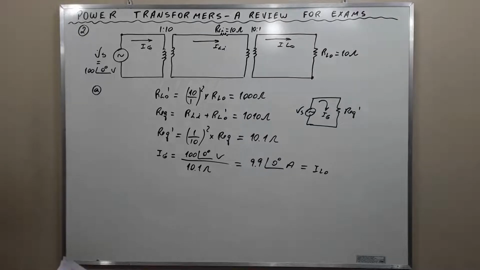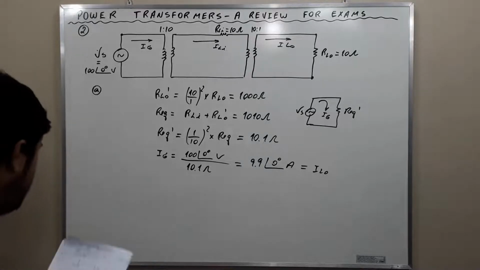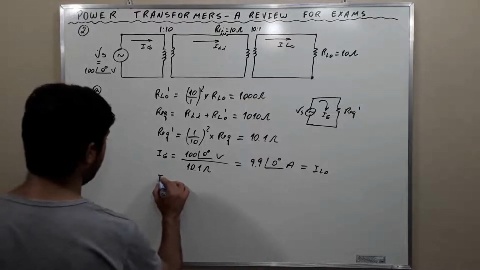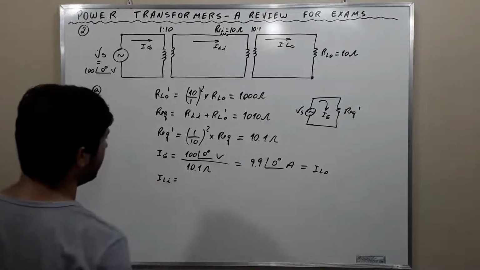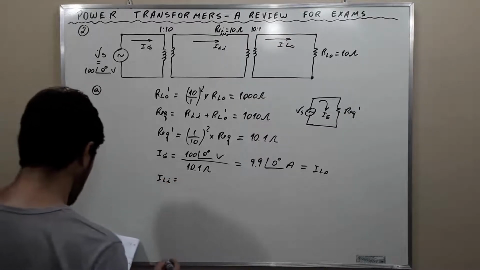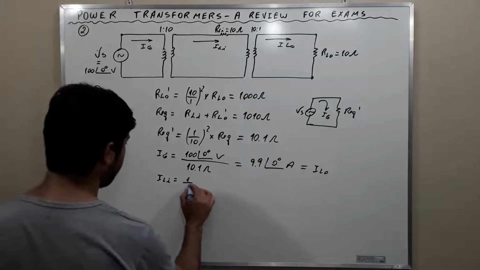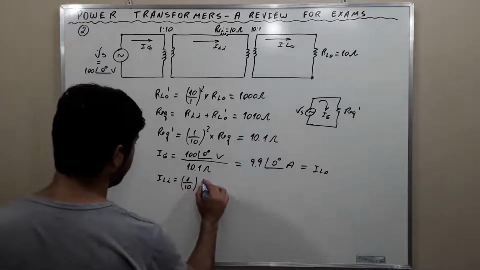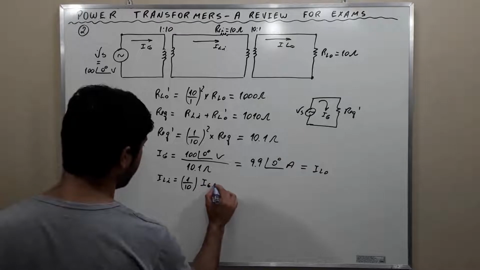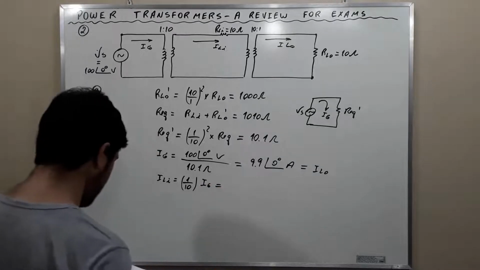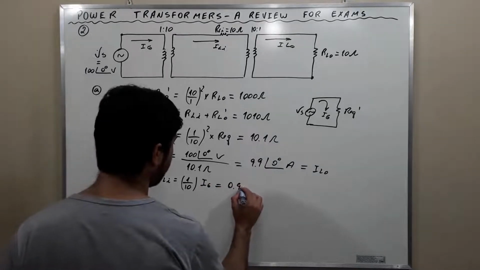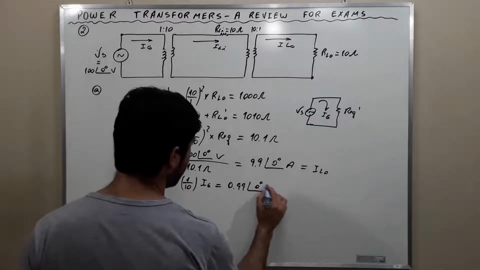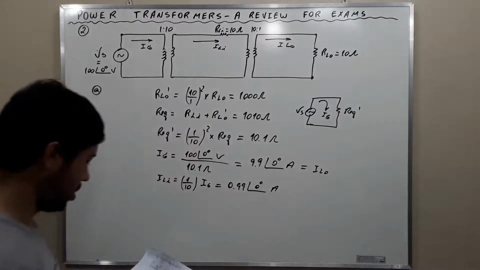To calculate I low, you need to use the turns ratio of the transformer. I low is equal to 1 over 10 times Ig, which is 0.99 phase 0 degrees amperes.